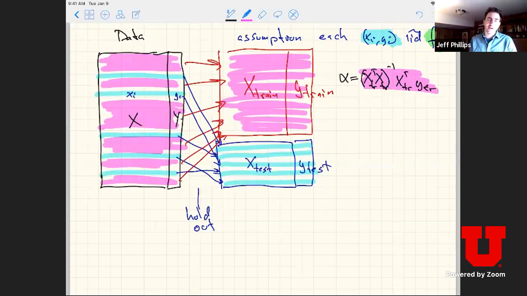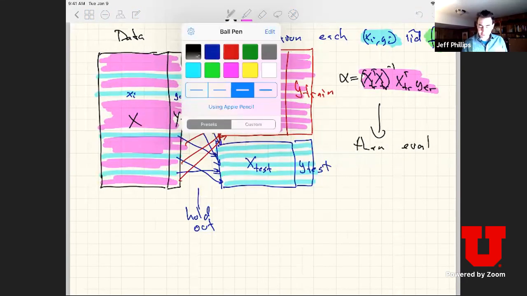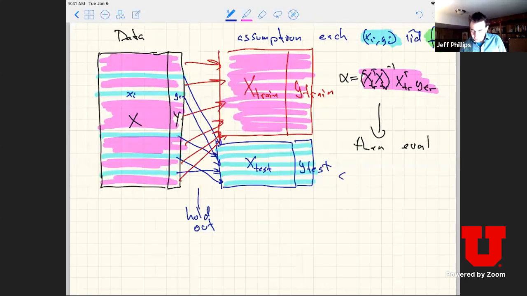So if I had those 8 data points before, maybe I have 5 data points I'm doing training on and 3 data points I'm keeping for testing, and then after that I'm going to do an evaluation where I'm going to compute the sum of squared errors, which is going to be on X test, Y test with the model from the train.